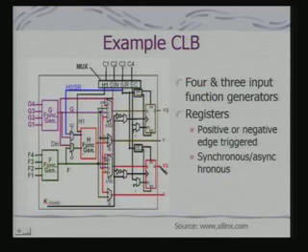Let us look at an example CLB. I had already given a simple example, and this is an example from an actual FPGA block. These are your 4-input lookup table implementations, which can synthesize any 4-input function. This can synthesize another 4-input function, and this can synthesize a 3-input function.